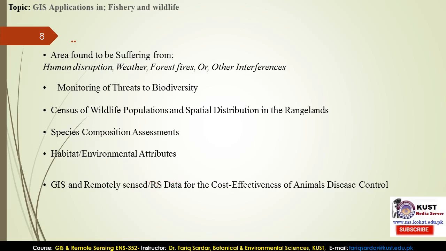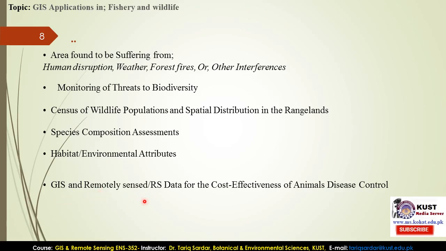After that, the last but not least, is remotely sensed data for the cost effectiveness of disease control, or epidemiology, of certain wildlife species. The remote sensors I have also discussed in the previous topic of the lecture, on GIS implications in forestry and agriculture.